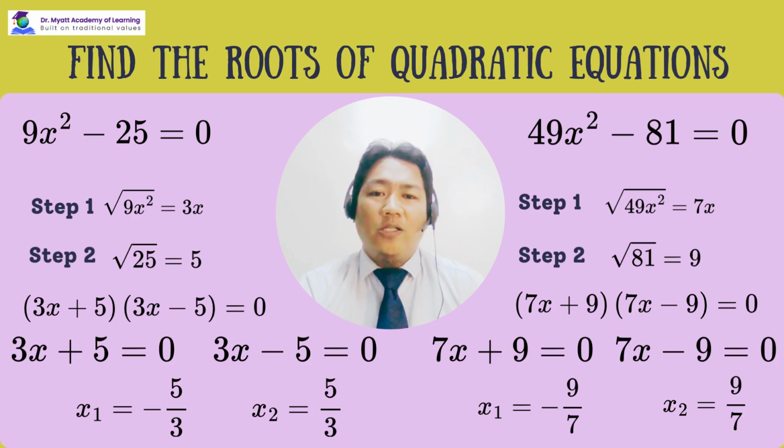To get the factors, we have 7x plus 9 and 7x minus 9, and we are going to equate it to 0. To find our x sub 1, we have 7x plus 9 is equal to 0, and x sub 1 is equal to negative 9 over 7. For x sub 2, 7x minus 9 is equal to 0, and x sub 2 is equal to 9 over 7.